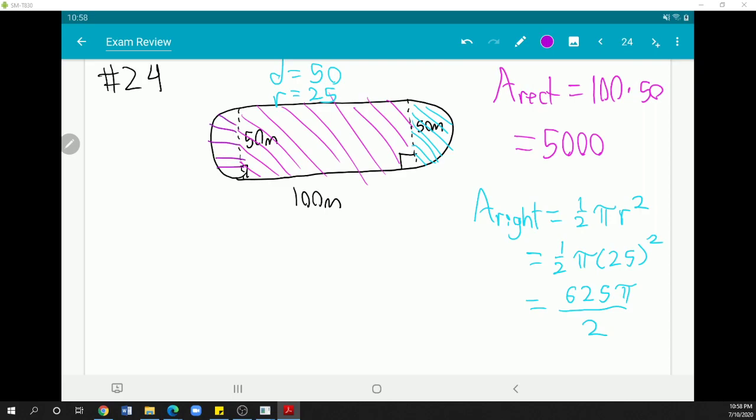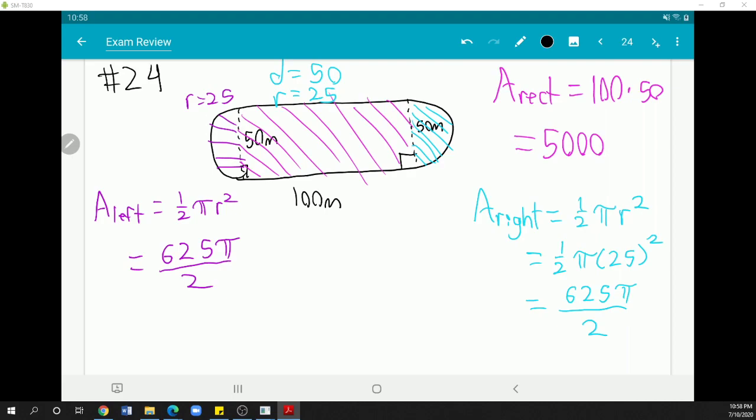Like I said, if you wanted to do this all as one circle, I would have no problem with that. But if you want to break it up and be safe, that's fine too. Equals 1/2 pi r squared. But again, r is 25 for the same reason it was over there. So we're going to plug in the exact same numbers, which means we should get the exact same result.